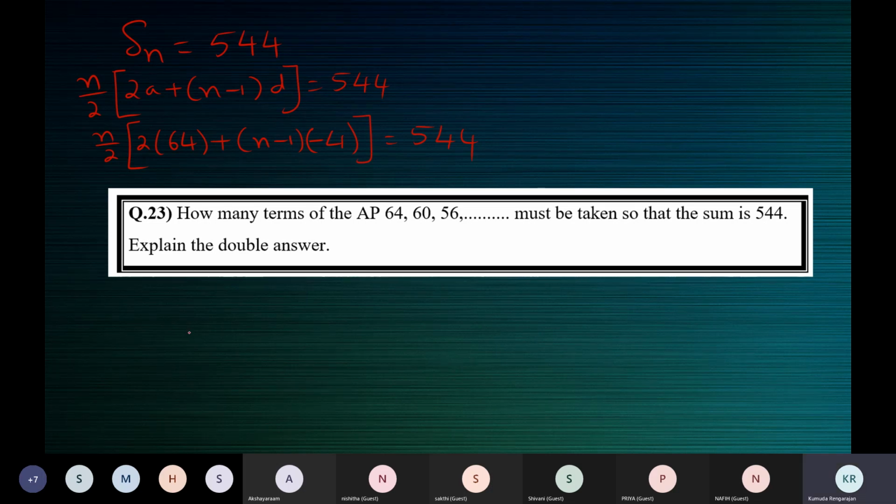So as Shakti said, working this, we get the equation n square minus 33n plus 272 is equal to 0. Use the quadratic formula. Find the values of n. You get n is equal to 16 or n is equal to 17.